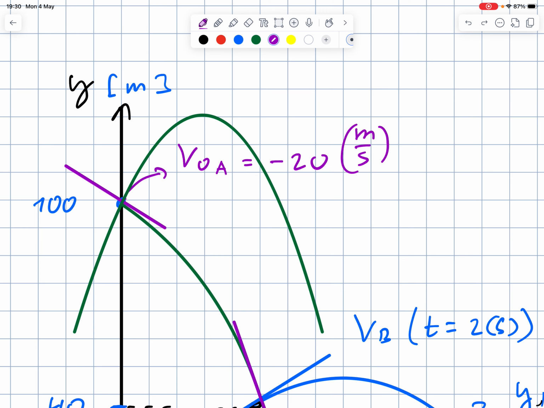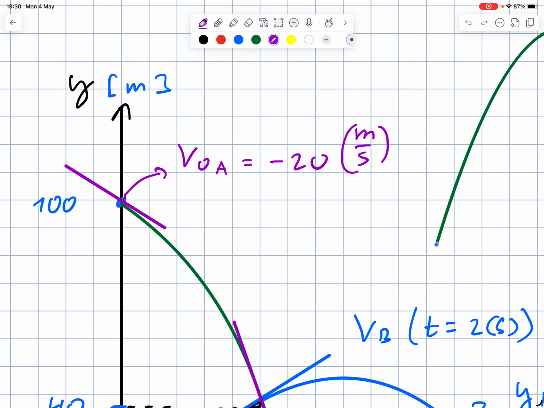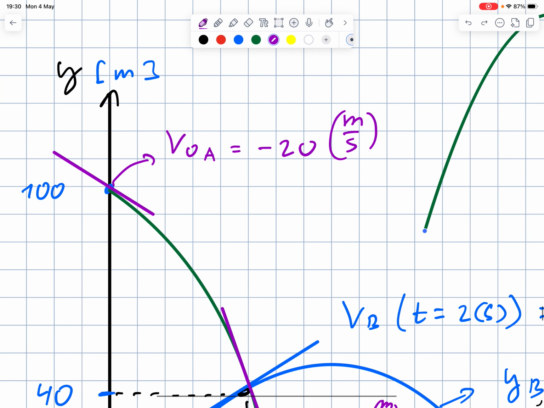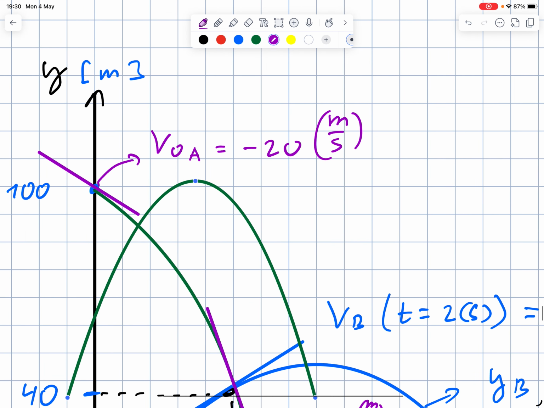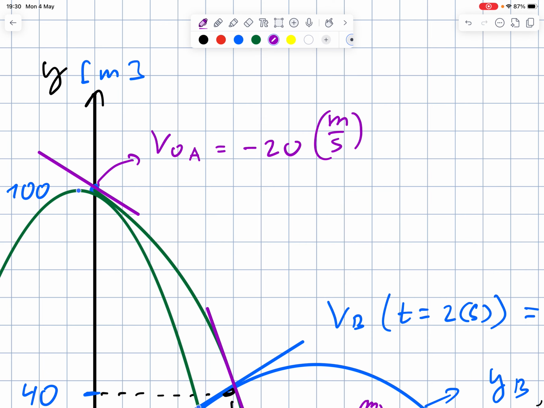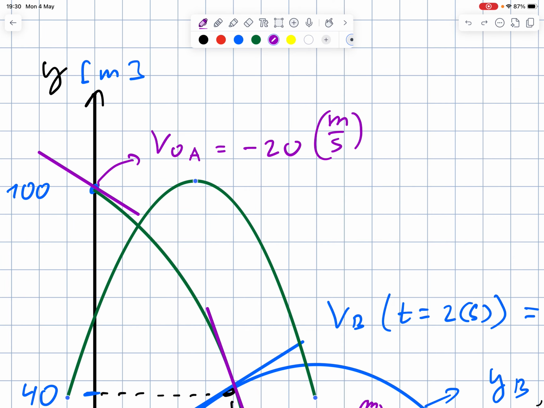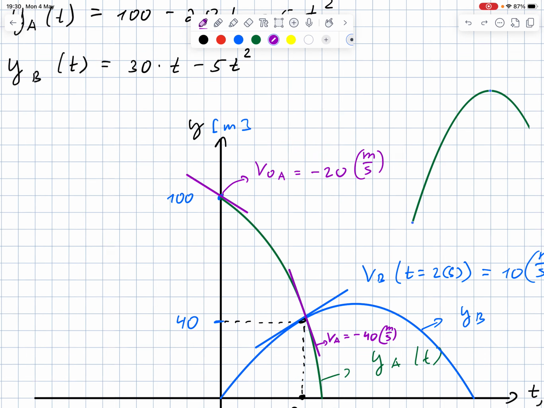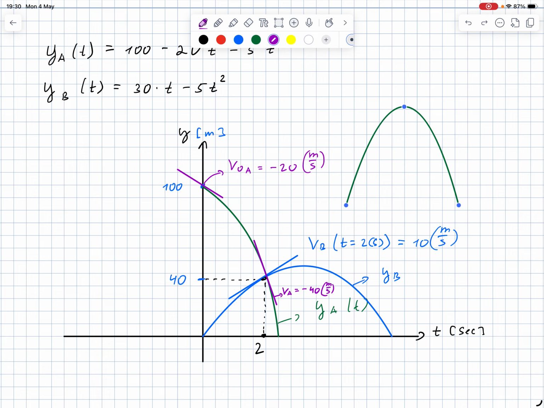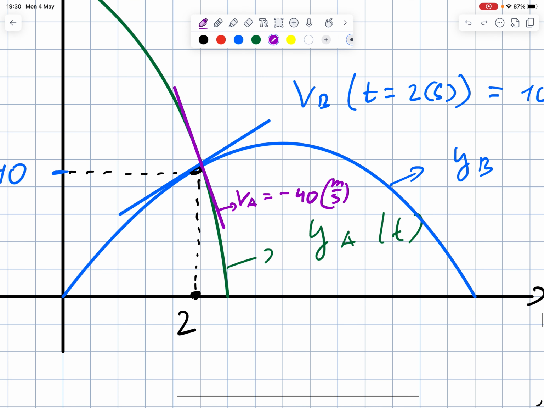So the slope, or instantaneous velocity, should be negative. So this is why I used this type of drawing. This is about y A of t. At this point, of course, is when object A hits the ground.